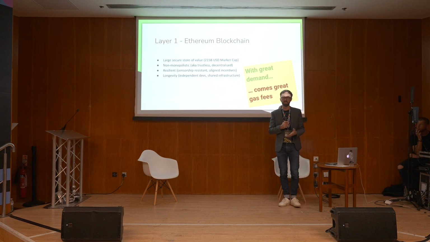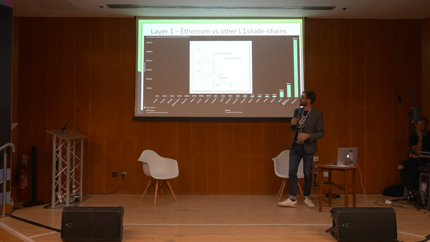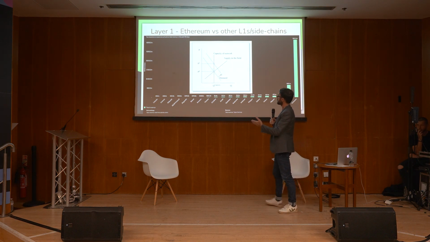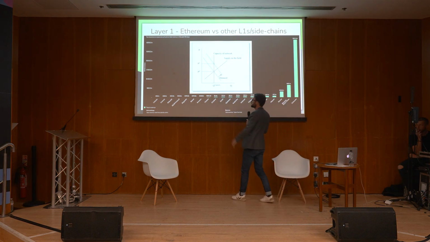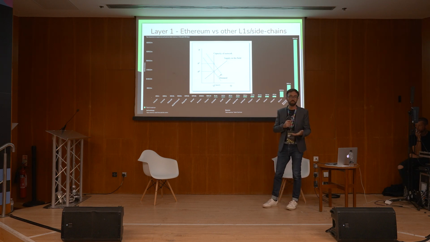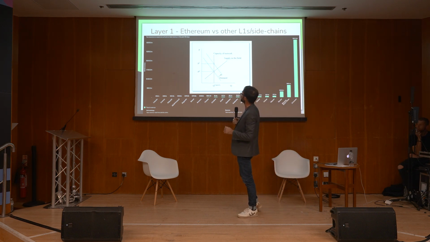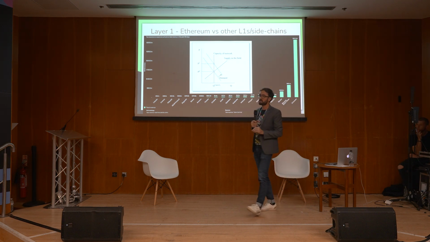But as we know, with great demand comes great gas fees. So I like using this graph just to show what happens when your block size is limited. You can only have so many transactions per second, but there's a strong demand for Ethereum. So the price, of course, goes up during those times. The chart you see underneath, it's hard to read from here, but it's the top blockchains based on cumulative total revenue in the past 90 days.